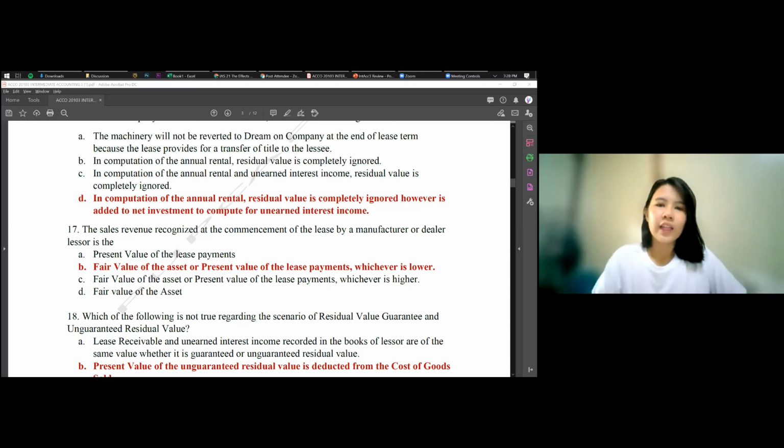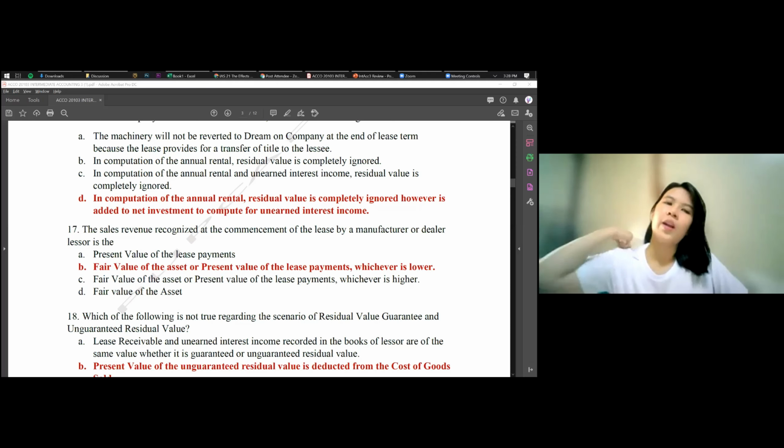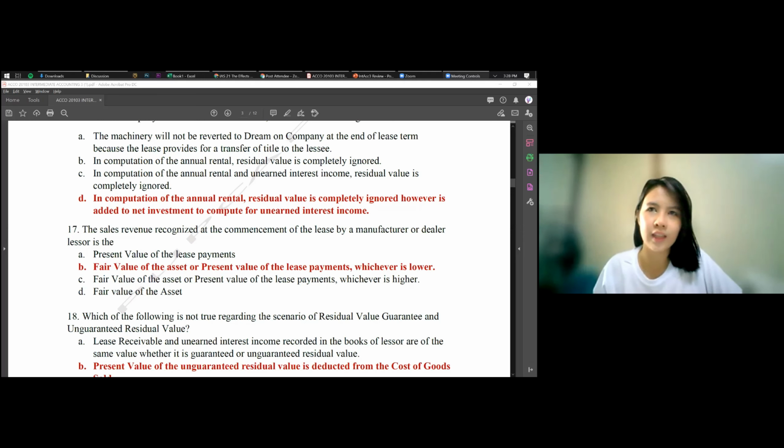So, as you can see in here, it's like the lower amount. So, that concept applies to sales and assets as well. It is more stringent in terms of needing to be virtually certain that the rights are already ours. And then, like for this example, we take the lower amount. Right? Whichever is lower between the fair value of the asset or the present value of the lease payments.